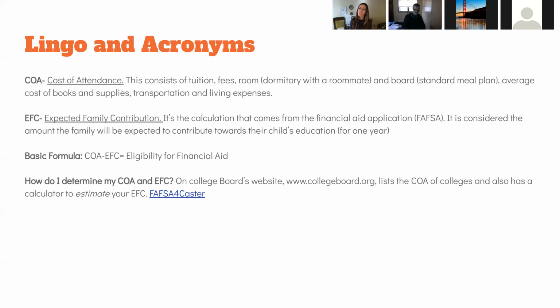And I say that very lightly, because the EFC is usually much more than people feel comfortable paying for anything. But it is a formula that gives colleges a number to go off of to determine how much money they should give you, or how much demonstrated need your family has, I should say.